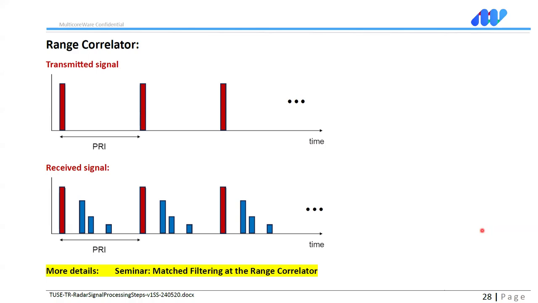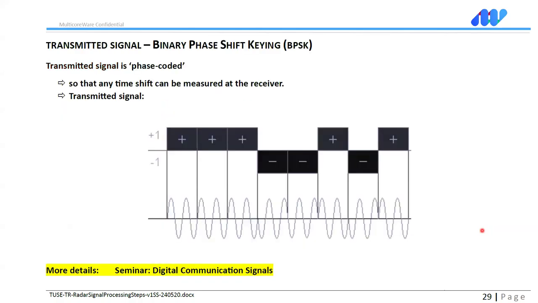And let's see for the digitally coded signals. Here you see an example, and it's called phase shift keying. Every pulse has a different phase. Here it's binary, so it's -1 or 1. It goes up and down. So you shift the phase, and it's a very basic signal.